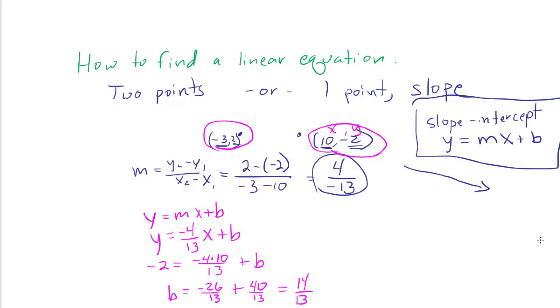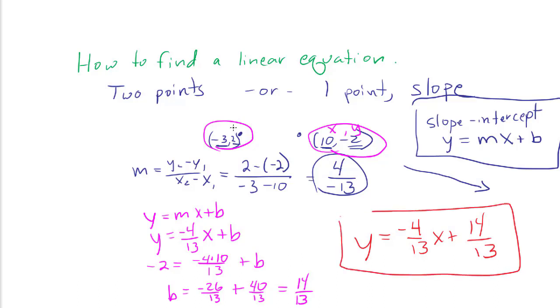My resulting equation is going to be y equals -4/13 x plus 14/13. Not pretty with all the fractions, but that's the equation of the line that passes through the 2 given points.